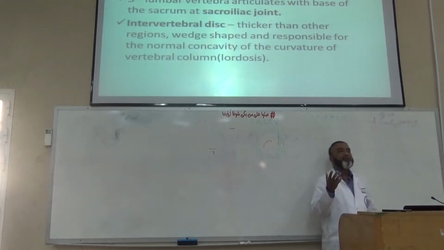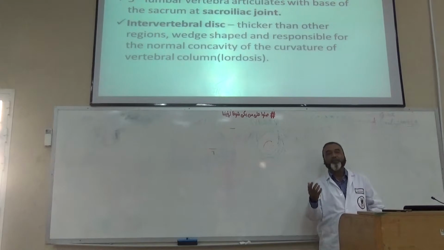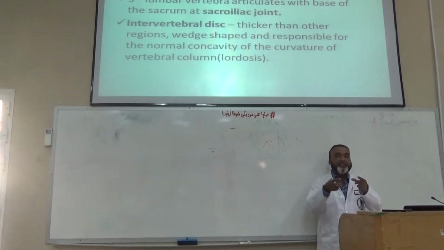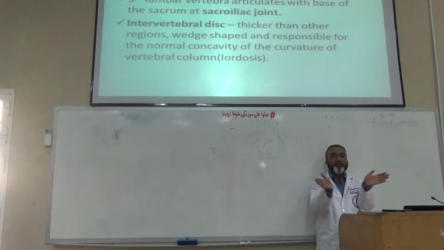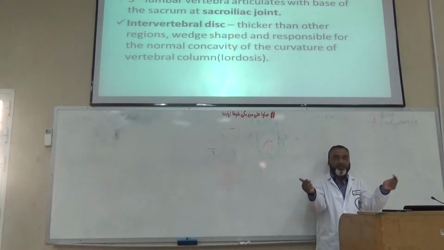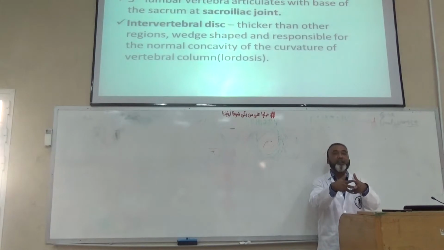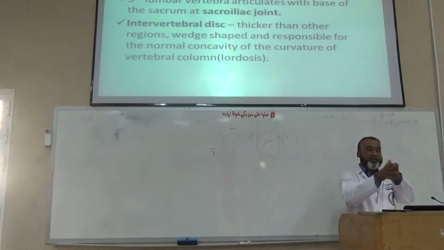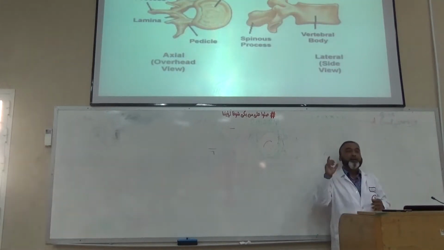And you already know the features of the vertebra: they have a body, they have the pedicles, then from the pedicle arise the transverse processes, then further posteriorly we have the lamina. The two laminae unite, and then they give rise to the formation of the spine.